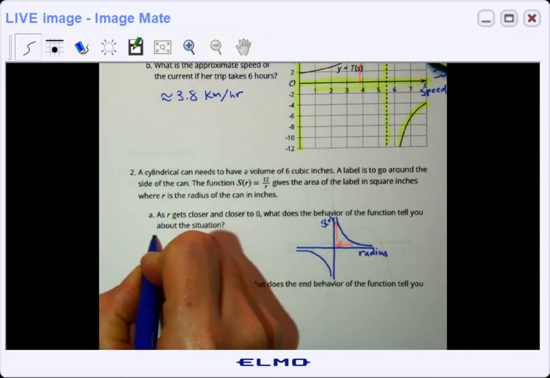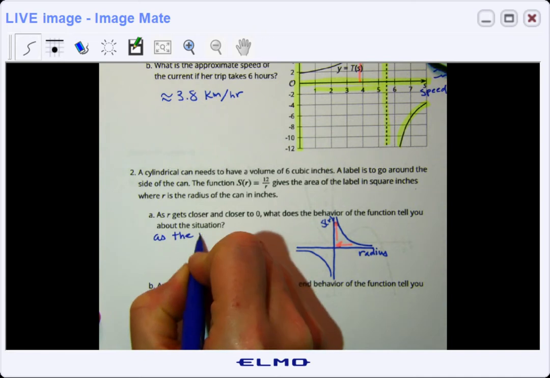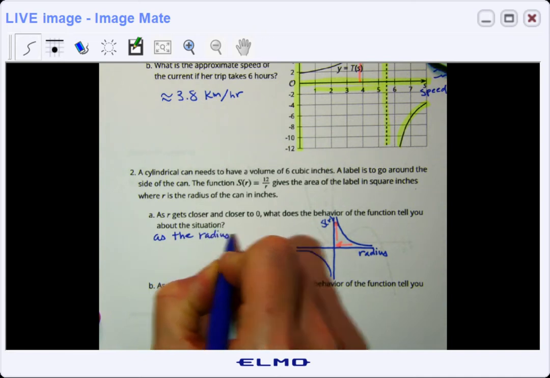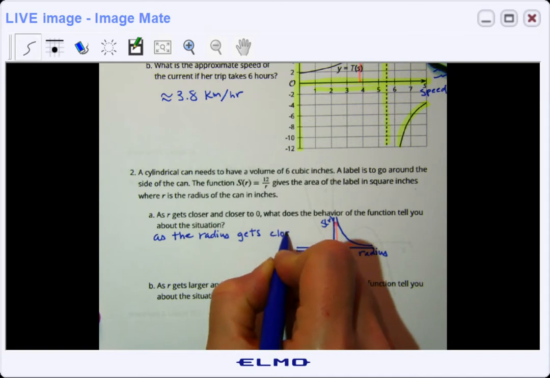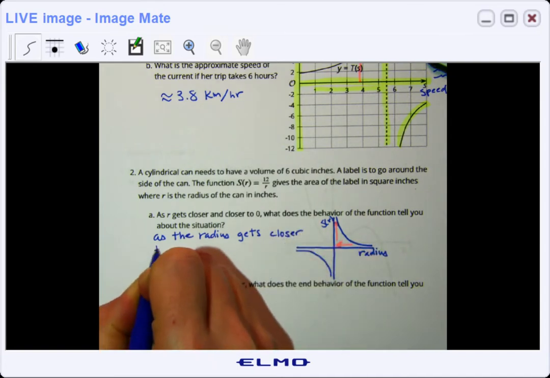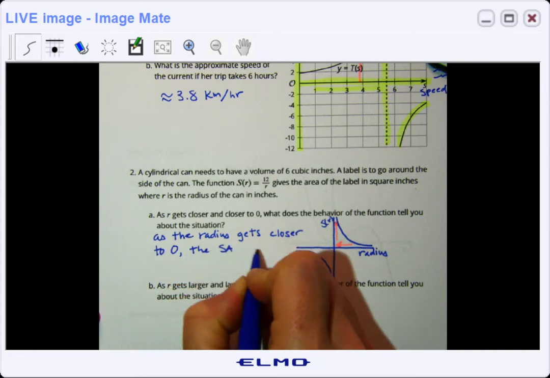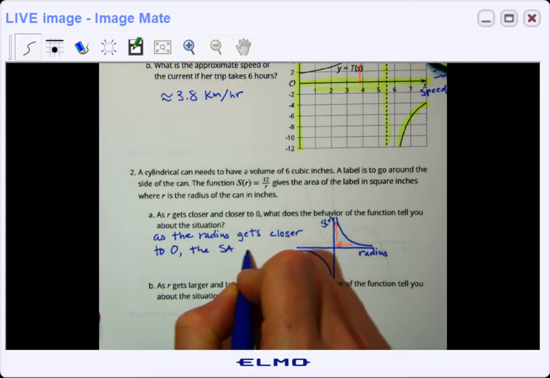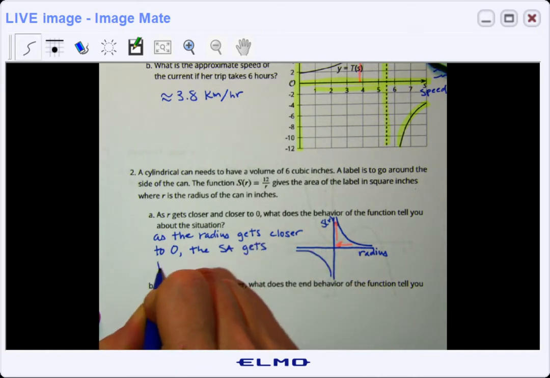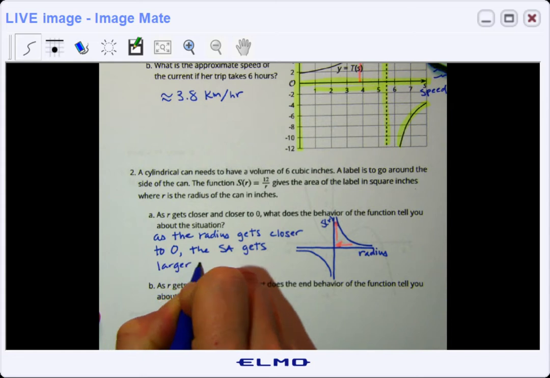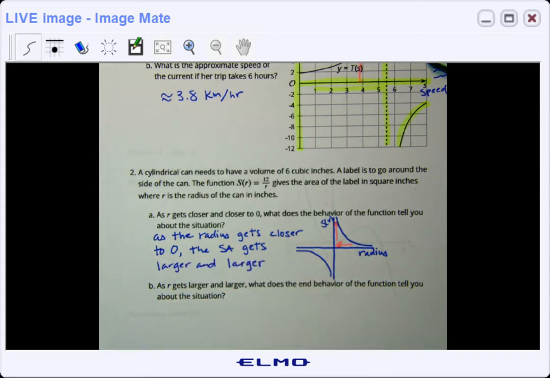Okay, so as the radius gets closer to 0, the surface area, or area of the label, gets larger and larger.